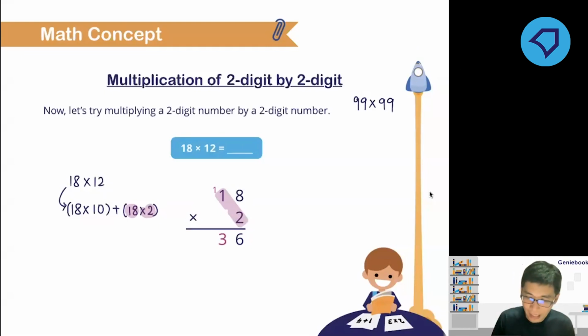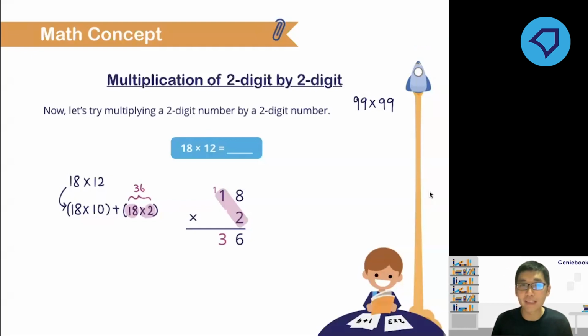I purposely cover it up so that it doesn't confuse you. We do as per normal the 18 multiplied by 2. This will give me an answer of 36. So here we have gotten this part of the answer. I got 36. Now, what is left for me is the multiplication of 18 by 10.